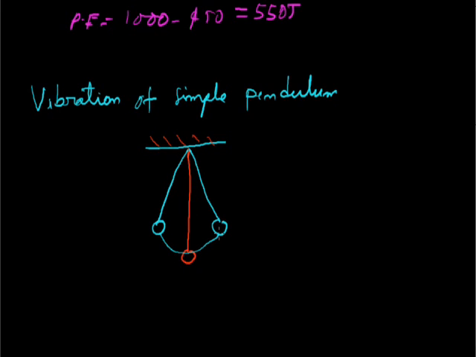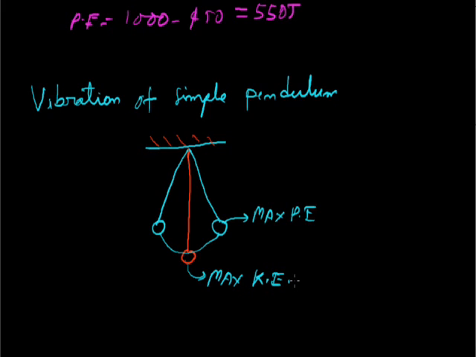When the velocity of this bob is 0, we say it has maximum potential energy. So this point, at which velocity is 0, we say maximum potential energy. And similarly, the point at which the velocity is maximum, we say maximum kinetic energy. So this point is maximum kinetic energy.